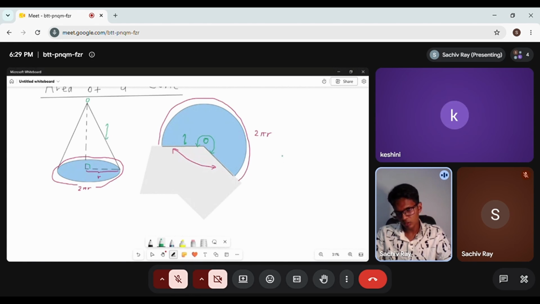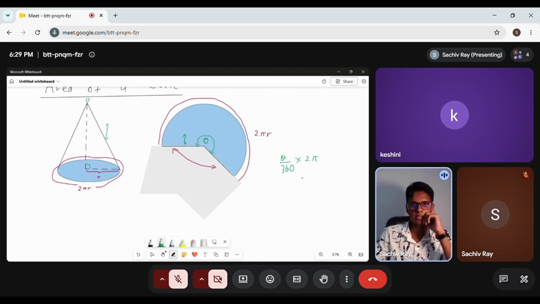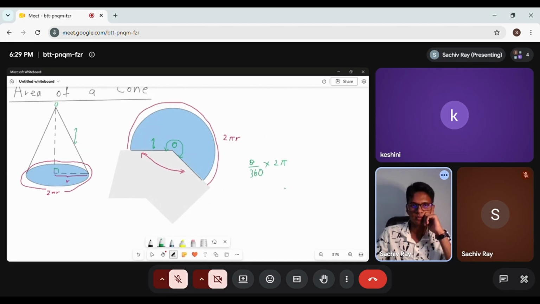So theta over 360 degrees is going to be multiplied by 2 pi r. What is the radius in this part? Is it r or L? L, right? So 2 pi L.